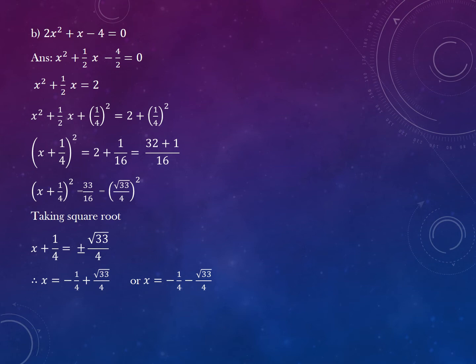For finding the value of x, we transpose 1/4 to the right side. Therefore, it is -1/4 + √33/4 and -1/4 - √33/4. The two solutions are (-1 + √33)/4 and (-1 - √33)/4.